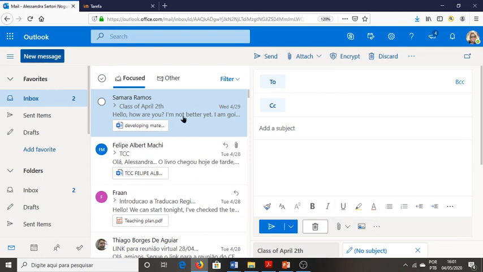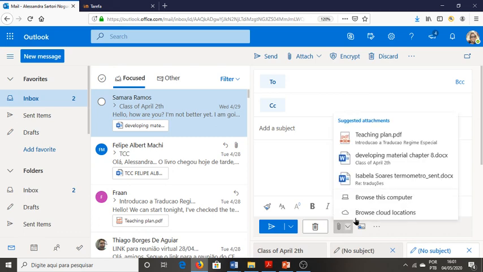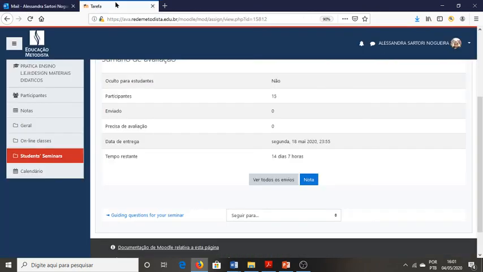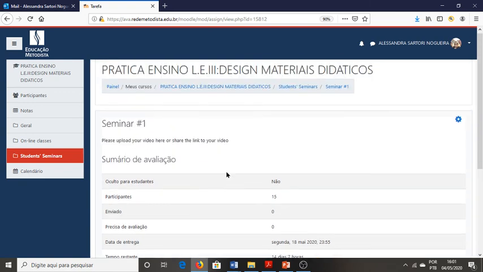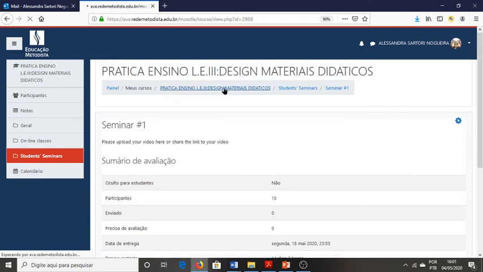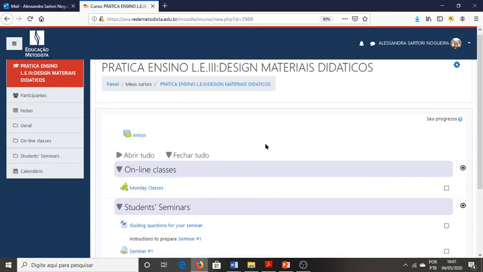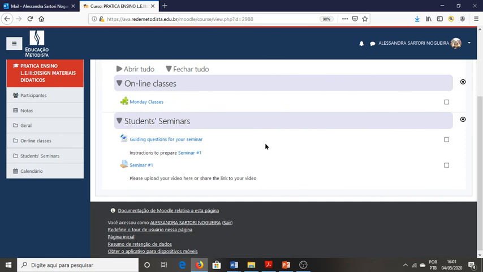No Message, você vem anexar e aparece aqui Browse Cloud Locations. Então você pode anexar como cloud, na nuvem, né? No caso, como no seu Drive, ok? Então vocês vão ter que de alguma forma achar um jeito de dar upload no vídeo em algum lugar, no cloud computing, e me enviar.